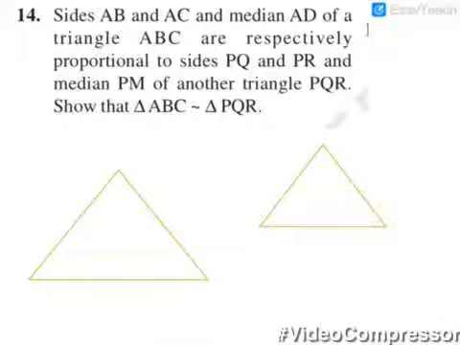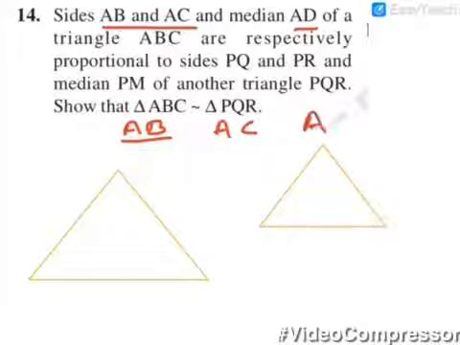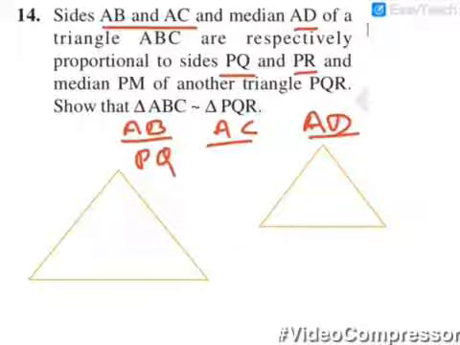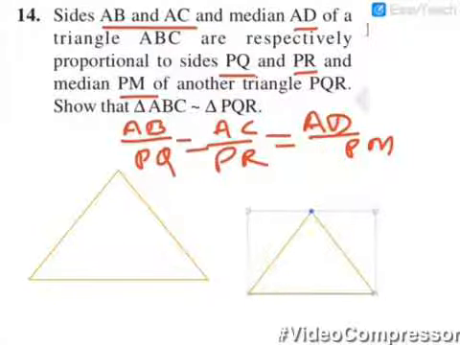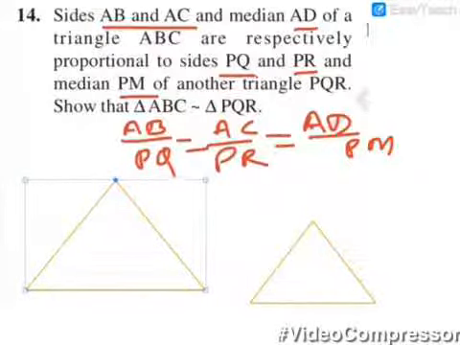So sides AB and AC and AD. Let us write that AB, AC, AD are proportional to PQ, PR and PM. Same as in the previous case, they have given us these things. Now let's move this a little bit downwards so that it will be easy.